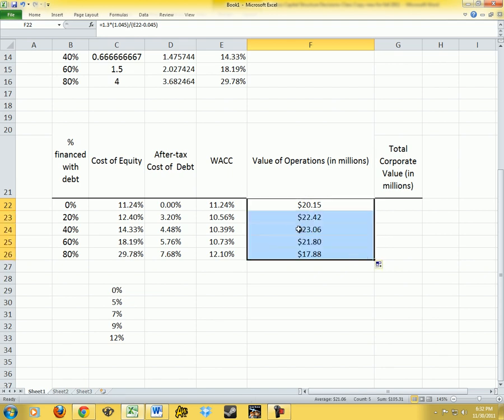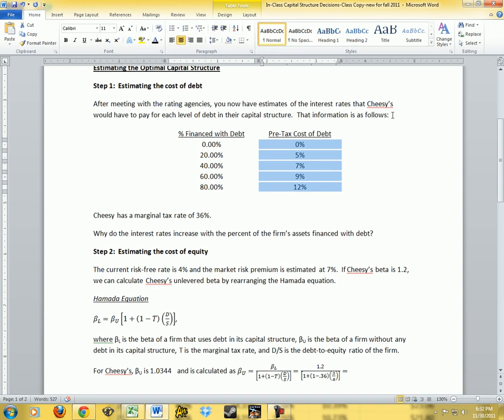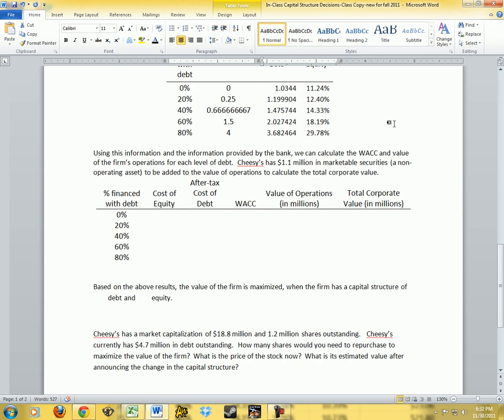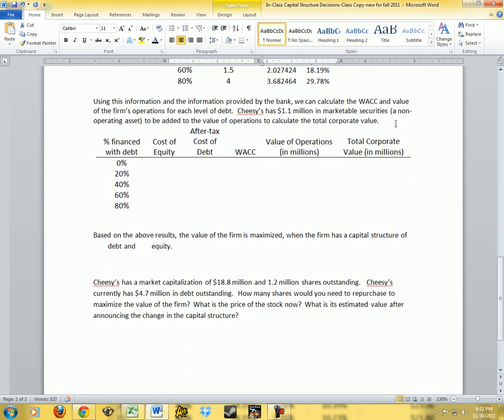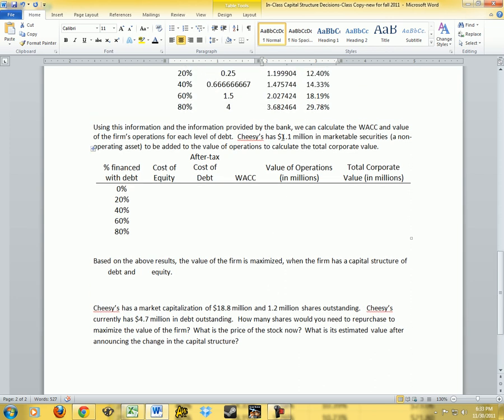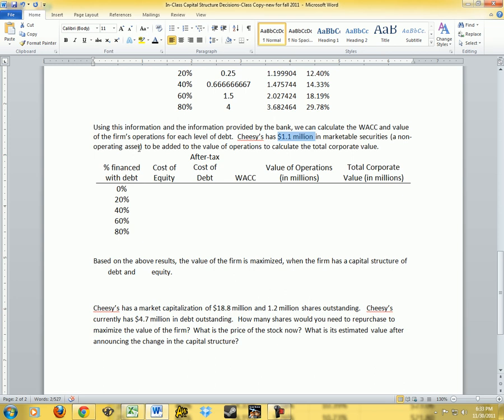And just as we would expect, the value of operations is maximized when the cost of finance, weighted average cost of capital, is minimized. So our next step in determining the total corporate value here is to add in the non-operating accounts. So they have 1.1 million in marketable securities and non-operating assets.